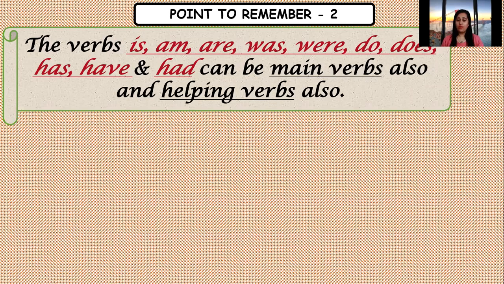Remember I told you that the usage of these words will decide whether they are main verbs or helping verbs. Where they are placed in the sentence will decide whether they are main verbs or helping verbs. Now, just look at these examples.